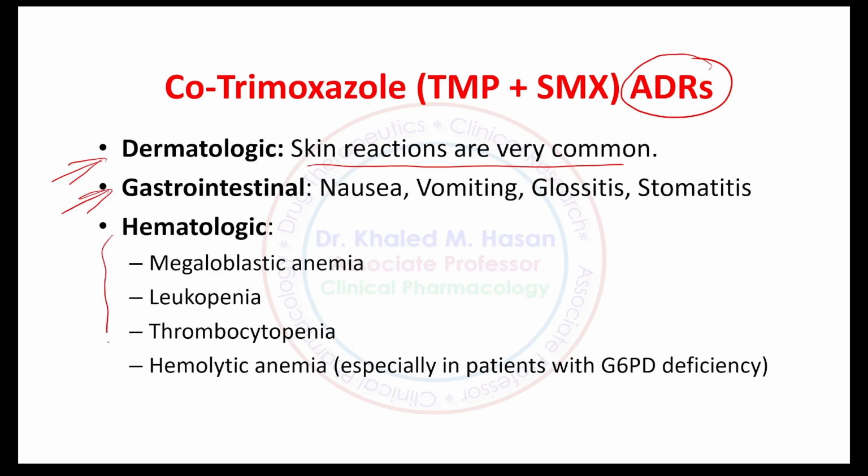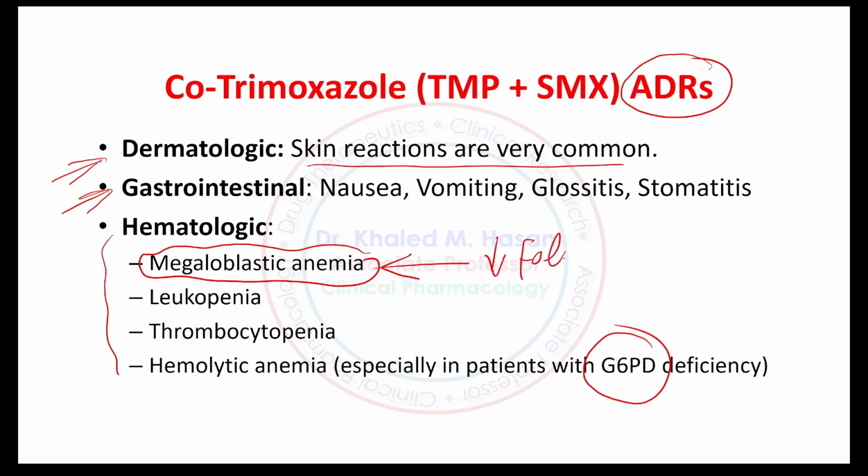A very important issue here is megaloblastic anemia, leukopenia, thrombocytopenia, and hemolytic anemia, especially if the patients have G6PD deficiency. Megaloblastic anemia is due to a decrease of folic acid in the human body.